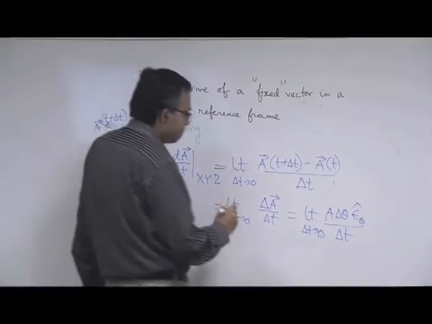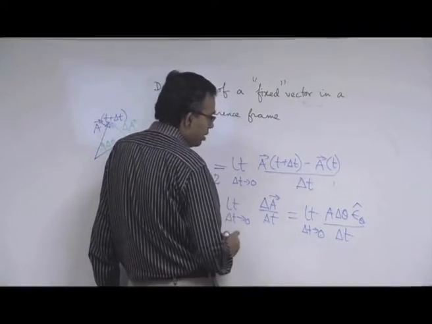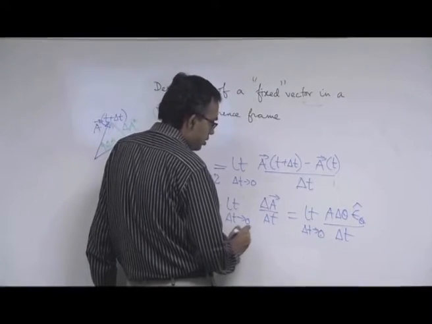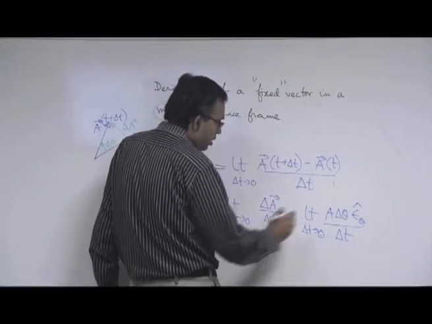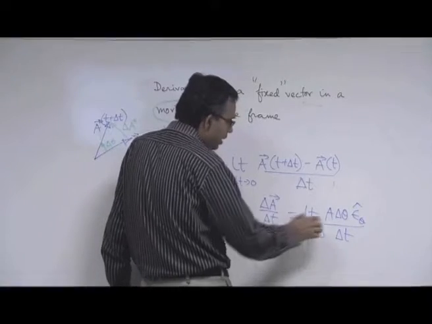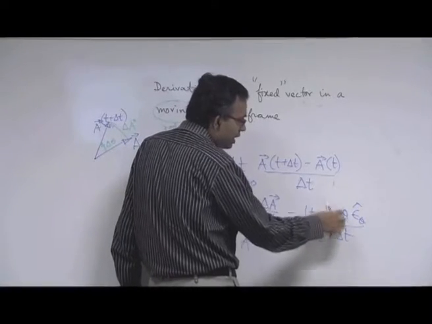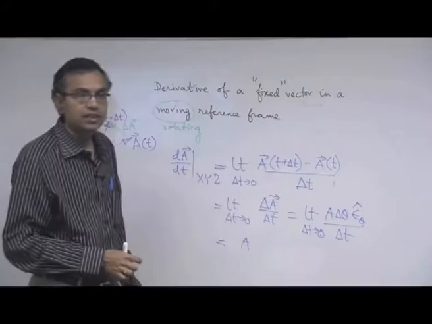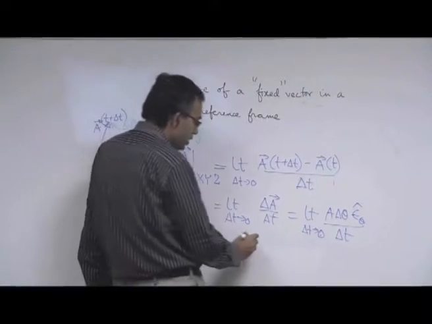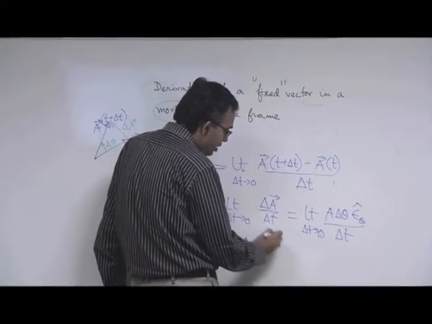So this is A times limit delta t tends to 0 delta theta by delta t, what is that? Omega, that is the rotational speed, epsilon theta.